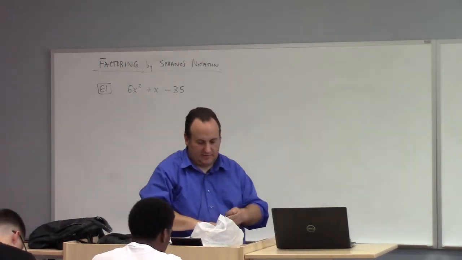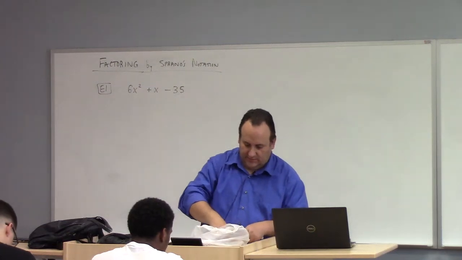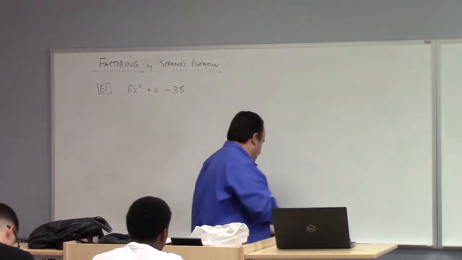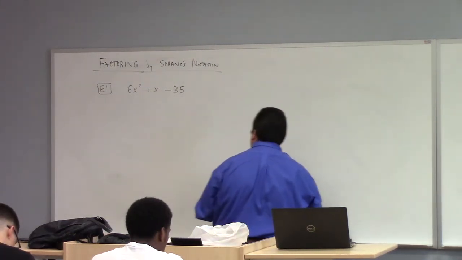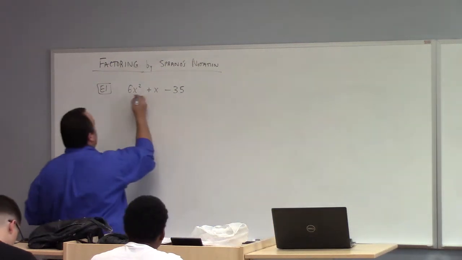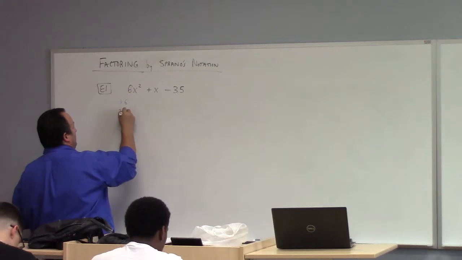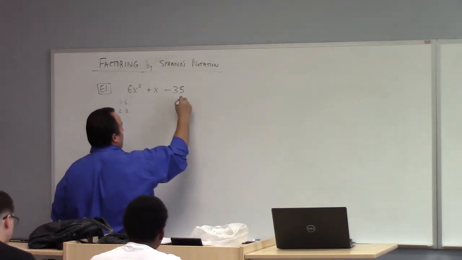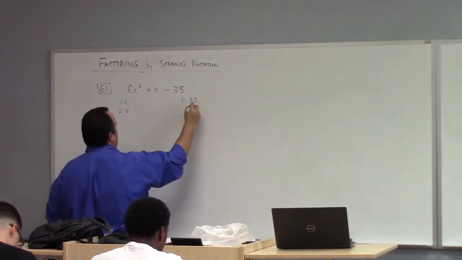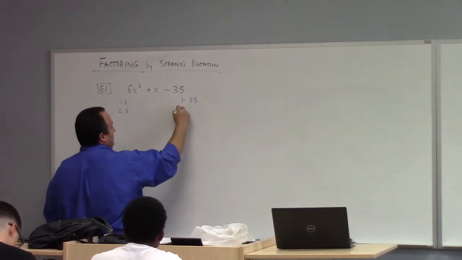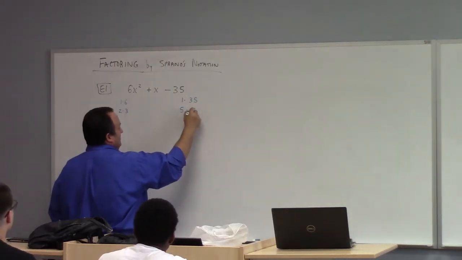With this method of notation, you write down how to get the first and the last number. So 6 is 1 times 6, but it's also 2 times 3. 35 is 1 times 35, but it's also 5 times 7.